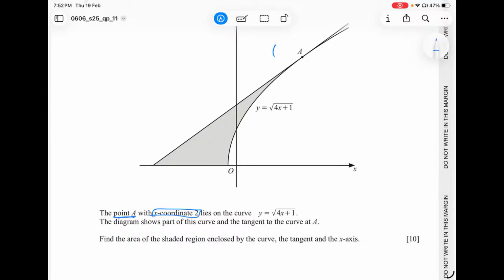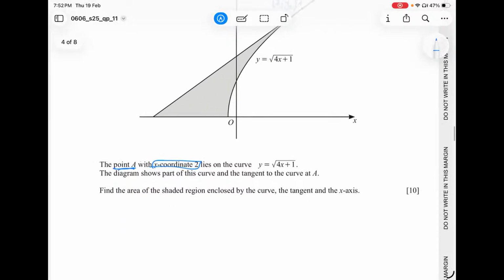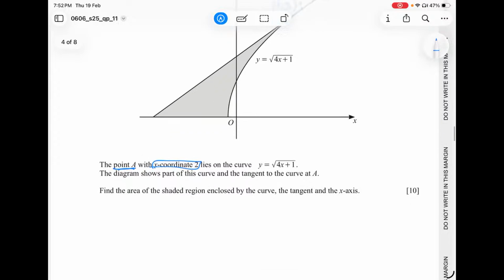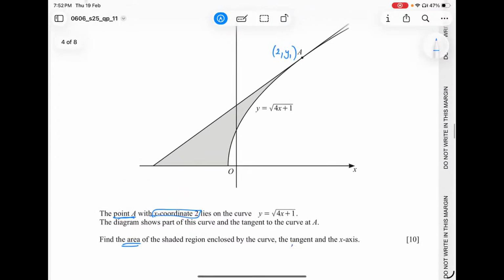So they told us that A has x equal to 2 and some value of y. The diagram shows the tangent to the curve at A. Find the area of the shaded region between these. So how are we going to go about it?